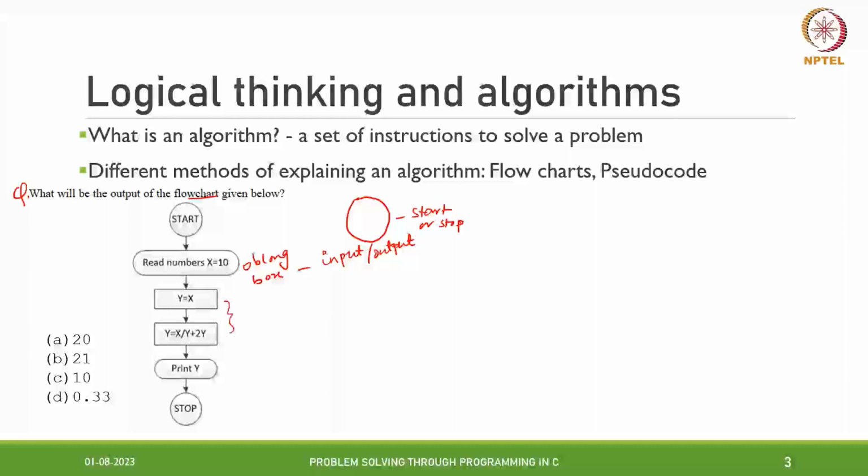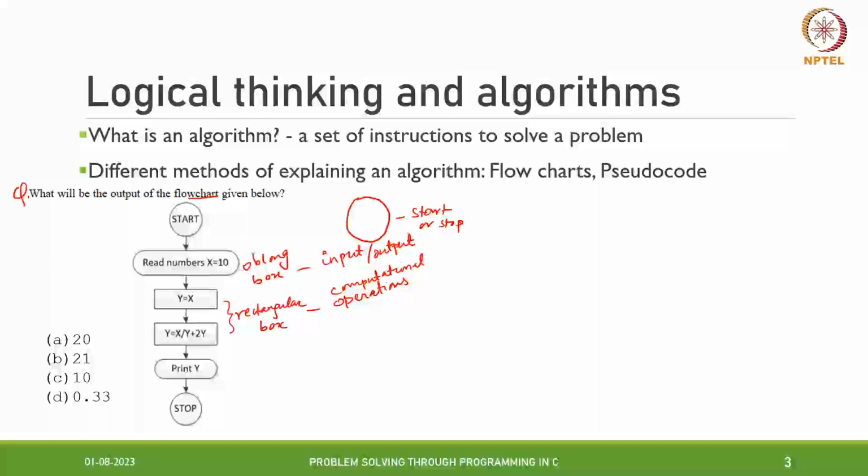Now you can see this rectangular box. The rectangular box is basically for operations, like numerical operations, whatever kind of computational operations you want to do: addition, subtraction, division, and whatever else, all have to be represented in the rectangular box.